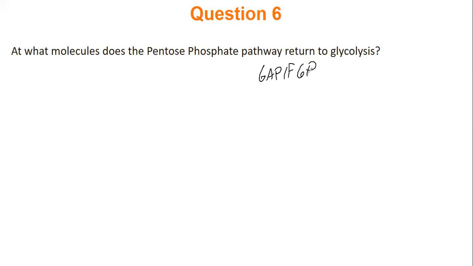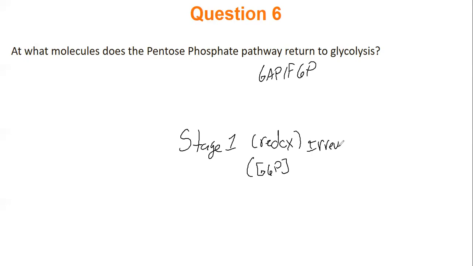We cannot return to glycolysis from glucose 6-phosphate because stage 1, remember stage 1, which is our redox reactions, which uses glucose 6-phosphate, is irreversible. Once we use that, there is no going back. So we can never return to glycolysis via glucose 6-phosphate in the pentose phosphate pathway. But we can return, if we want, via GAP and F6P.